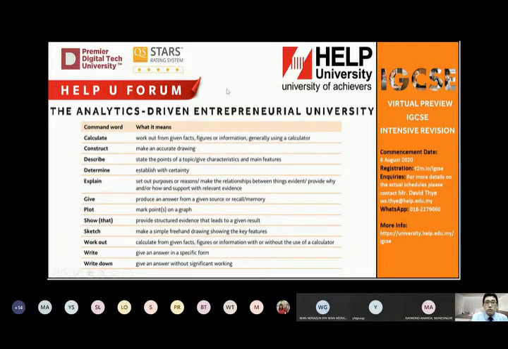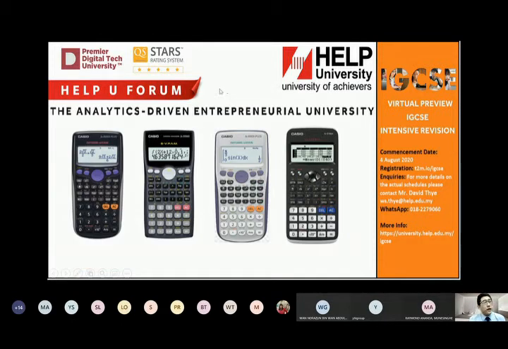As I said, students are allowed to use a calculator, but what kind of calculator will they be using? On the most left, it's the 350. Although they are presented here as casual calculators, you can use other brands as well.